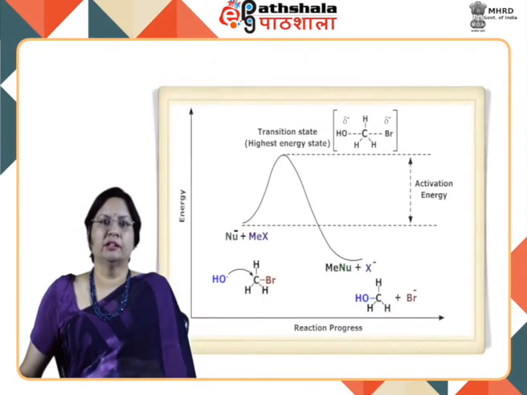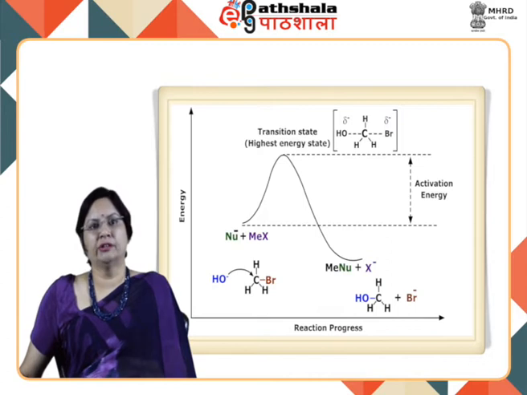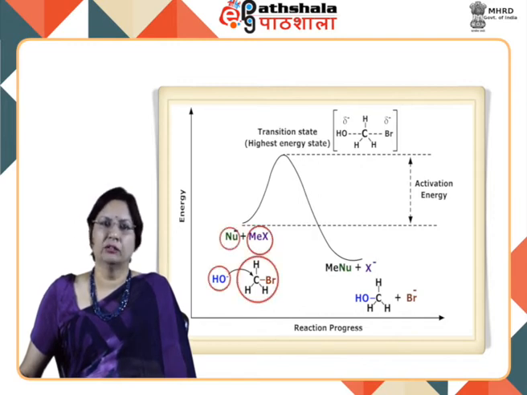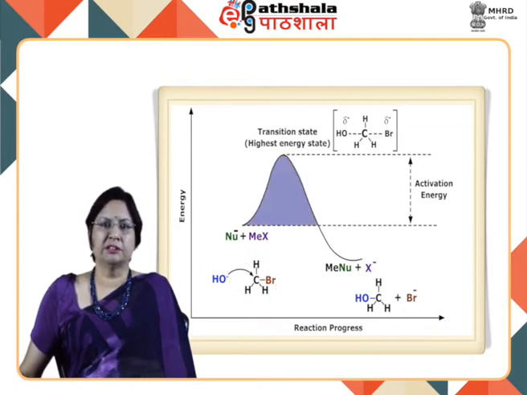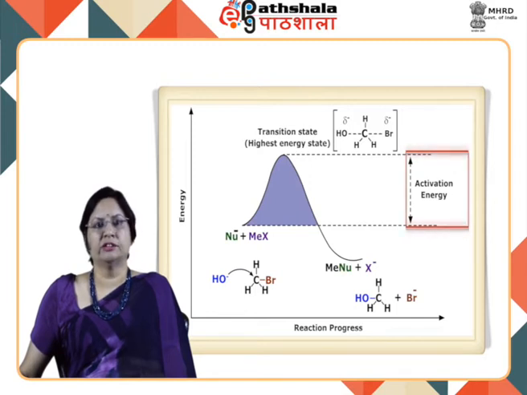And shown here is the energy diagram for the SN2 reaction, and you can notice that as we are starting from combination of a nucleophile with methyl halide, for example here OH minus with CH3Br, then this much is the activation energy which is required for these to reach the formation of transition state.